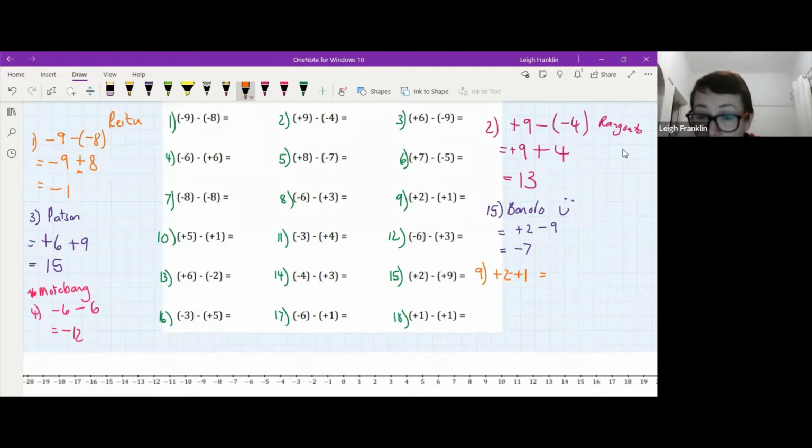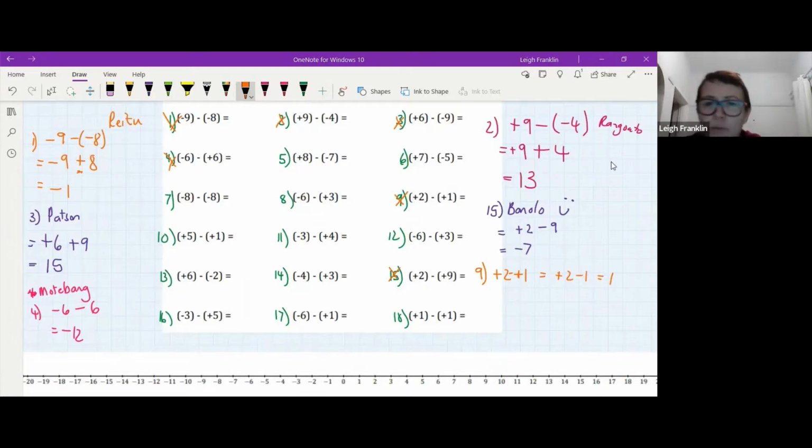You get +1 as your final answer. Absolutely, you would. Very good. Well done. So I'm going to scratch out 9. I'm going to scratch out 15. I'm going to scratch out 2 and 3 and 1, and 4 is also gone. Let's see who else has got a hand up now.